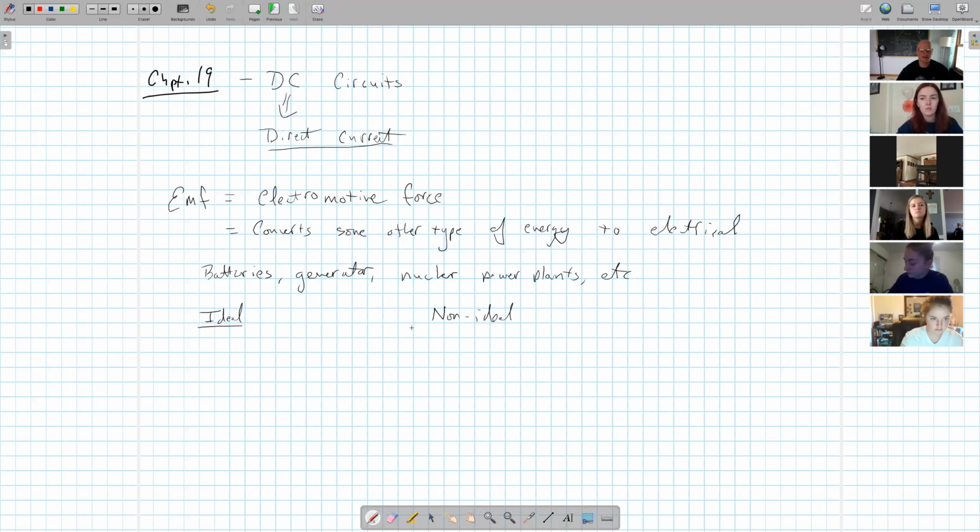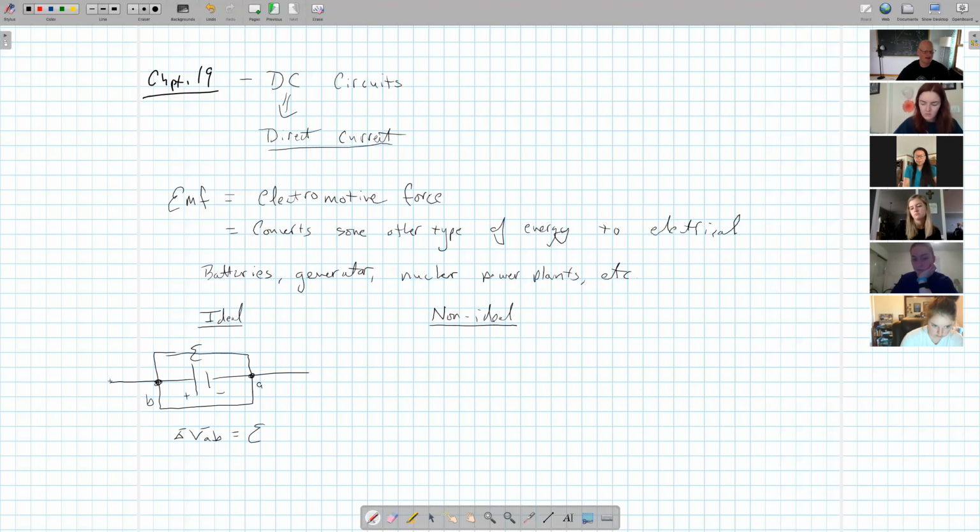So an ideal EMF is something which maintains constant potential difference at all times. So in this case, if I was looking at my, say, battery, so here's my battery, inside of here, we just have simply the positive, we have the negative, and then if we measure the potential difference across here, so let's say if I measure the difference between point A and point B here, so that the change of potential across A and B would then be equal to what we call the EMF, so just the power of this thing.